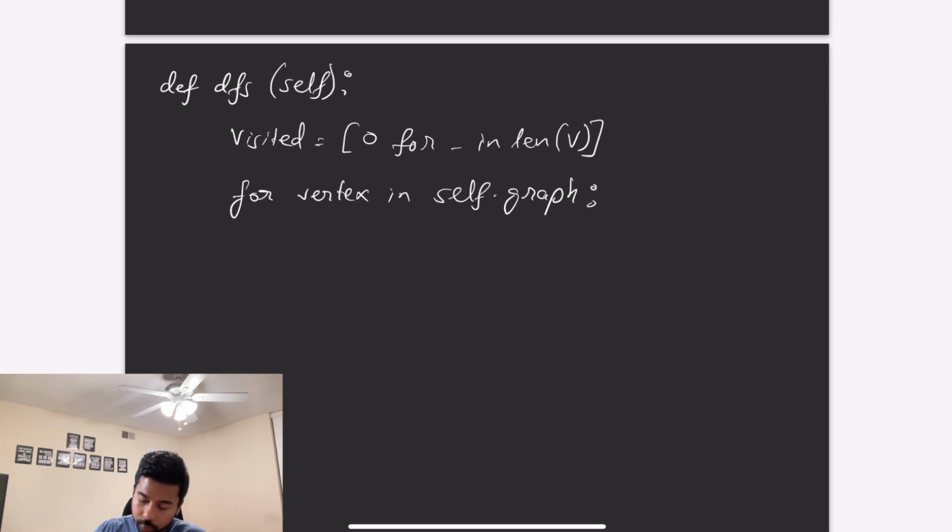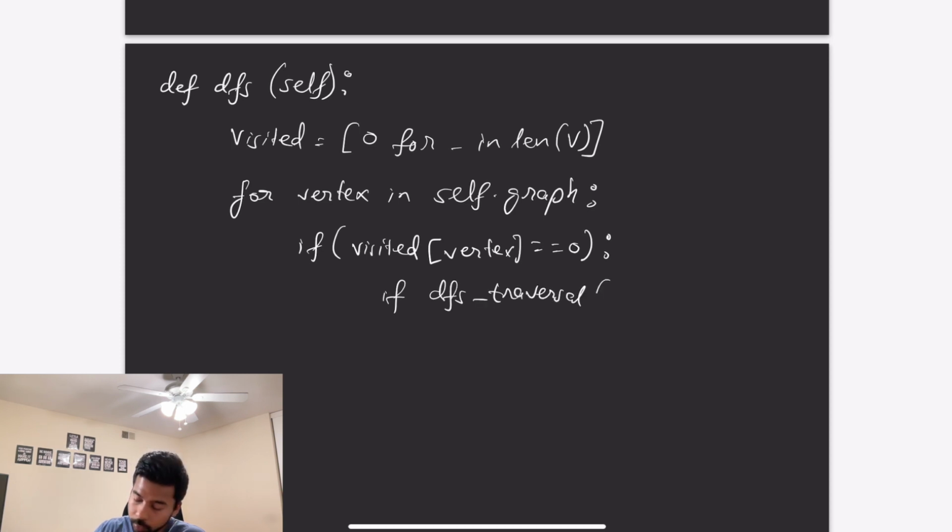You would do if visited vertex is 0, since now the DFS traversal function returns true or false, you would do if DFS traversal, vertex first and the -1 for the parent.